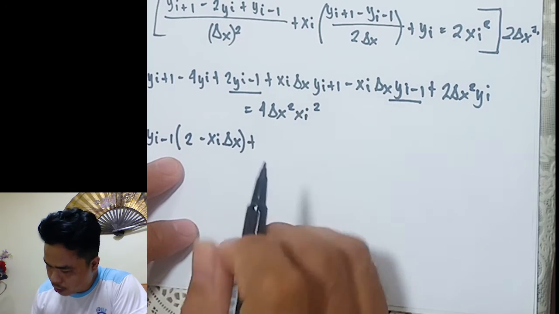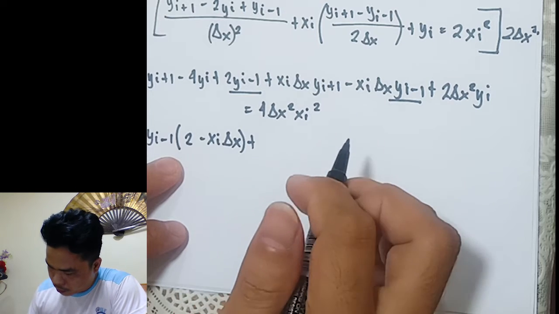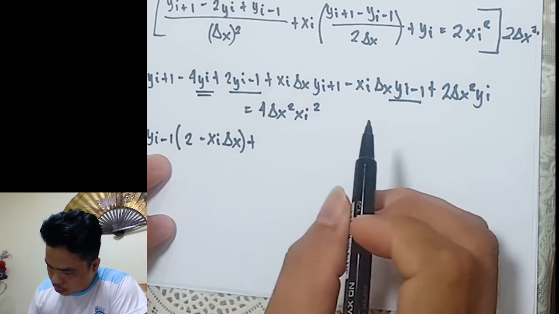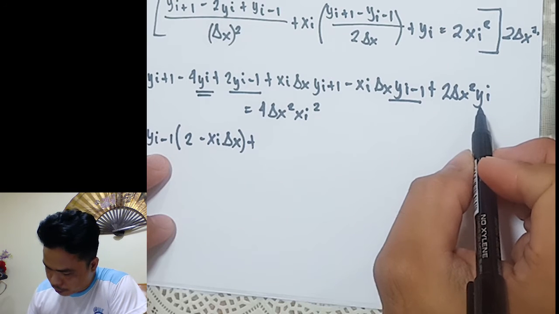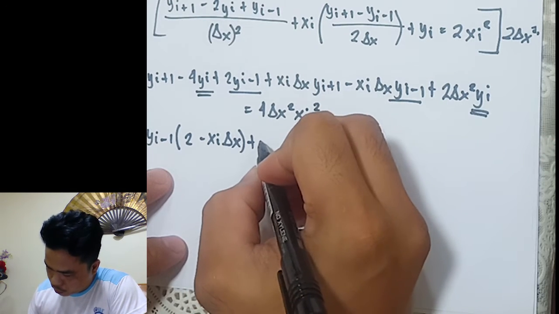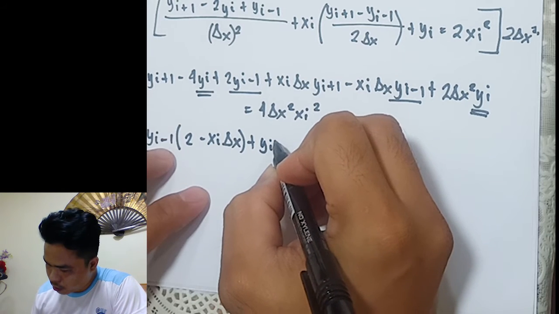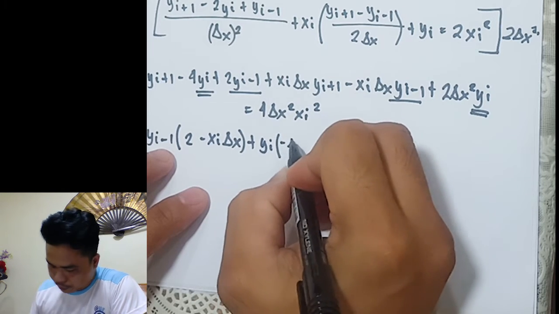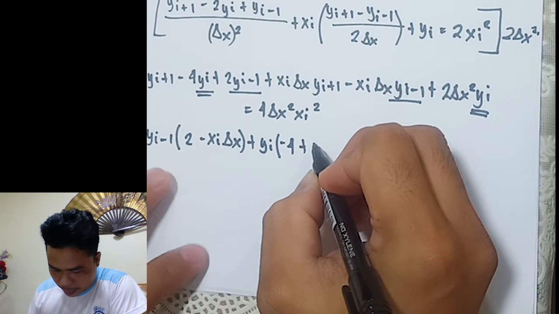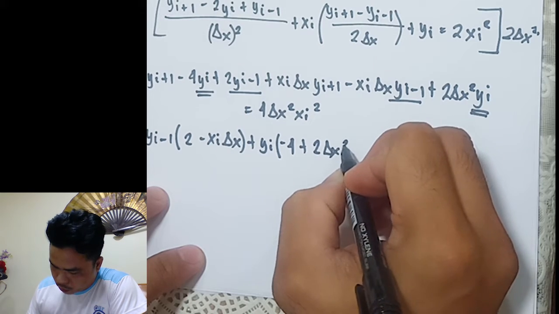For yi, the coefficient is negative 4 plus 2 delta x squared.